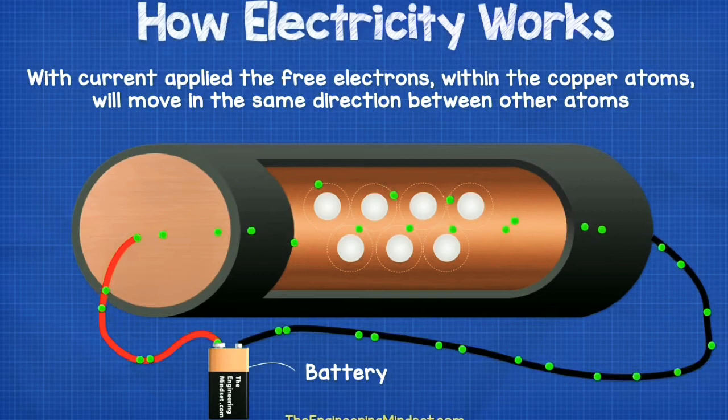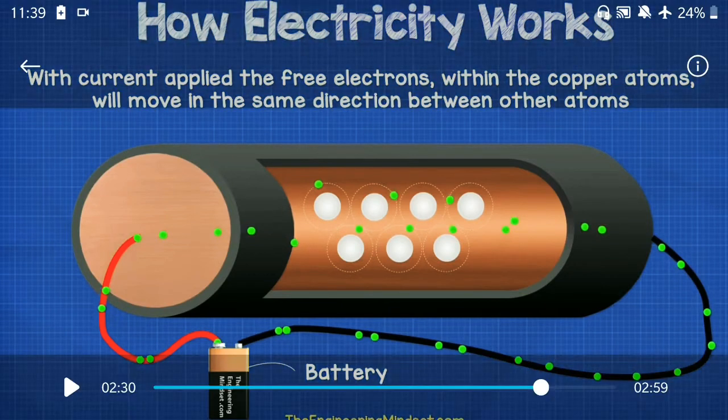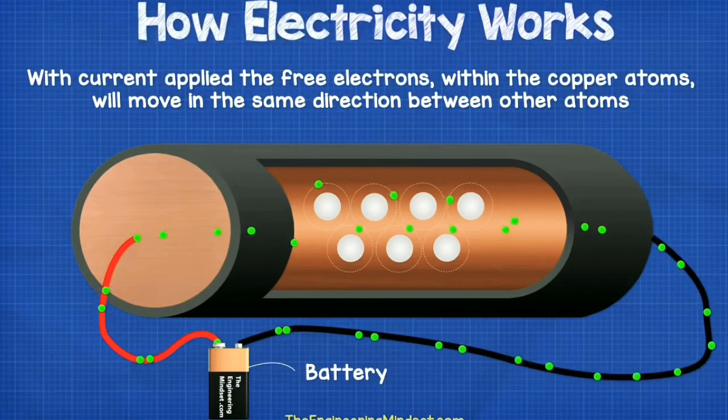So that particular direction can be of two types, that is conventional current, and the other one is electron current. Electron current, we say that electrons flow from the positive terminal of the battery to the negative terminal of the battery. Whereas conventional current, we say that the current flowing in any circuit will be from the negative terminal of the battery to the positive terminal of the battery.